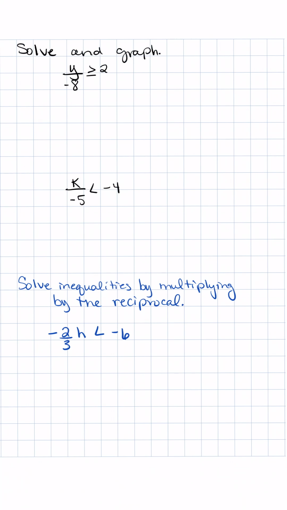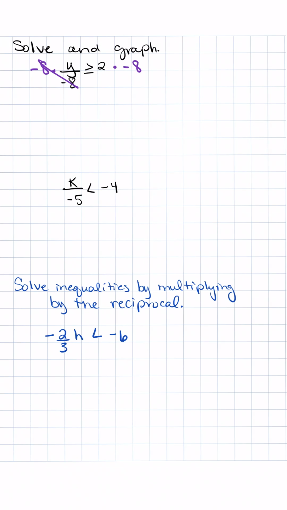Solve and graph. So right now this one's being divided by a negative 8. We're going to multiply by a negative 8. Whatever we do to that side, we have to do to this side. Those get crossed out. It is a negative, so what happens to that inequality? It changes around, equals negative 16.